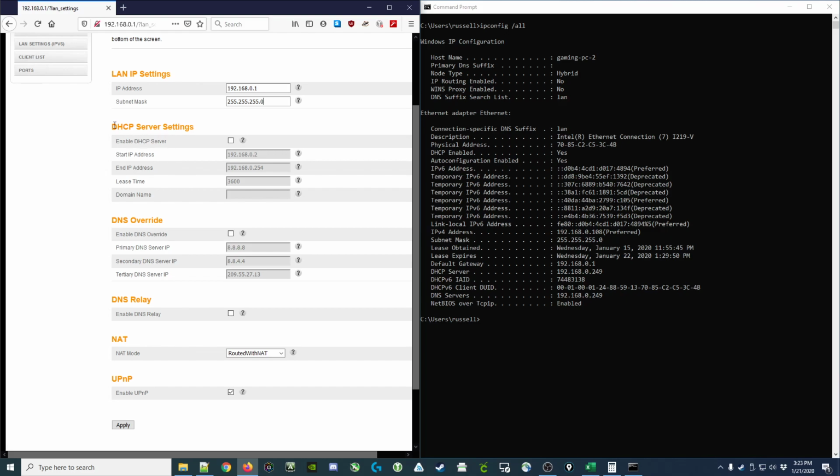Some of them may be found under the DHCP server settings, some under the LAN settings, and so on. In this particular router, here's where we could actually set up our preferred DNS servers themselves.